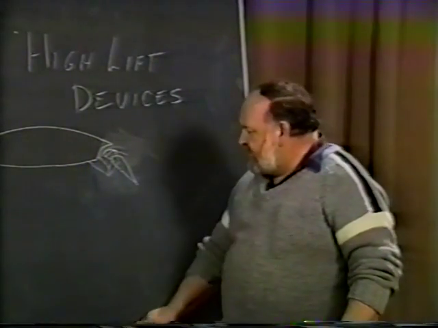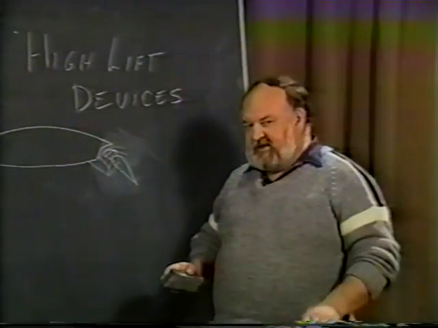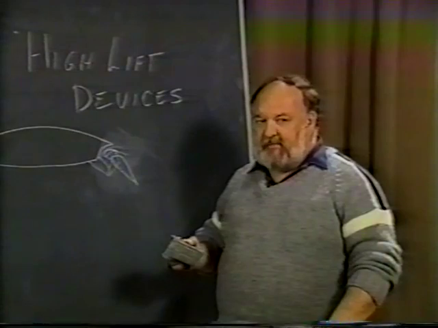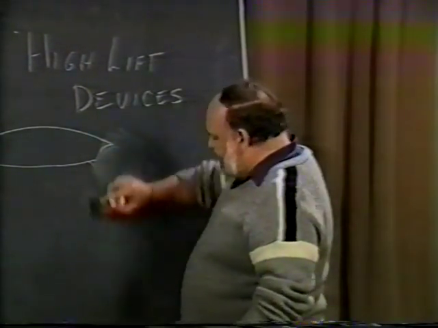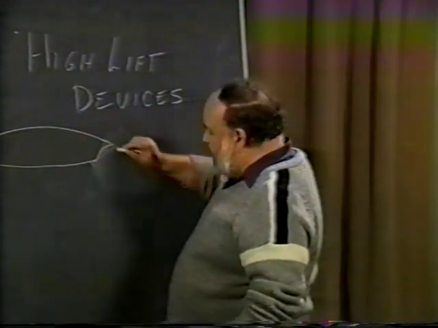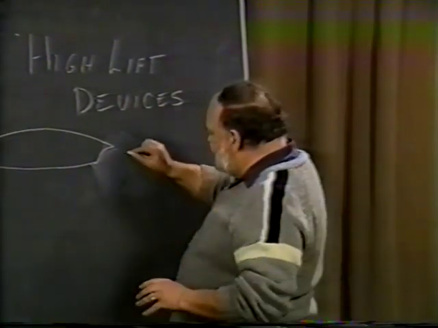The only follow-on to this type, and the only one that in one sense gives more lift than the double-slotted flap, is the Fowler flap. A Fowler flap is very similar to a single-slotted flap, or it can even be made with double slots to it.